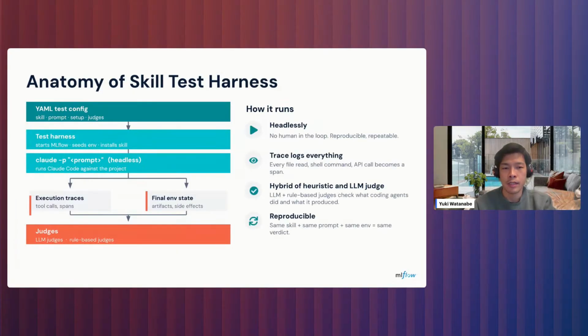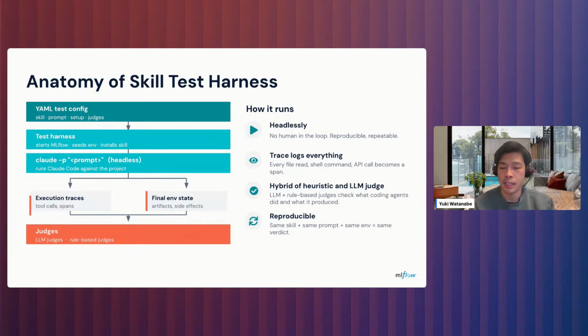And how we build this harness, as I said, there are a few important aspects. First, it needs to be headless, because if we have human intervention within this loop, it becomes a bottleneck. So it needs to be automated. And also tracing plays a very important role. The outcome of the skill is not necessarily very easy to evaluate.